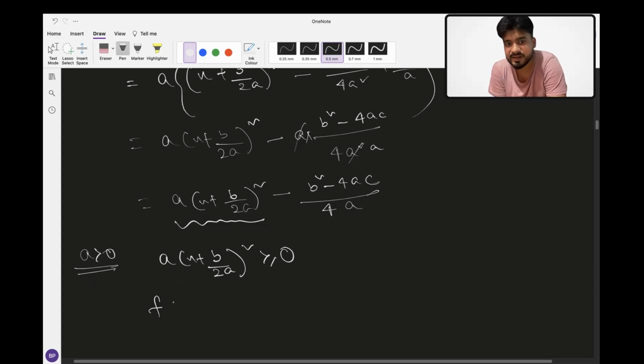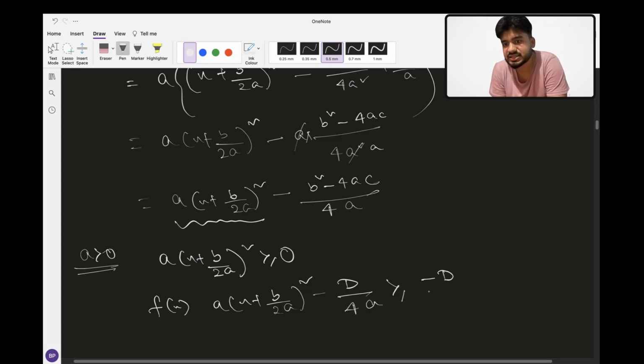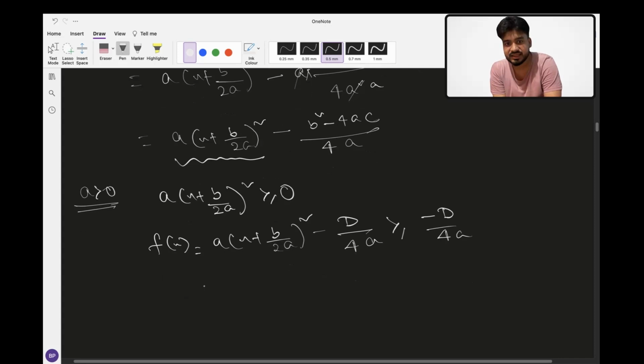So the full expression, we can say D, because D is b square minus 4ac, will become greater than or equal to minus D by 4a. So the value of y is greater than or equal to minus D by 4a. That means the minimum value of f(x) is minus D by 4a.